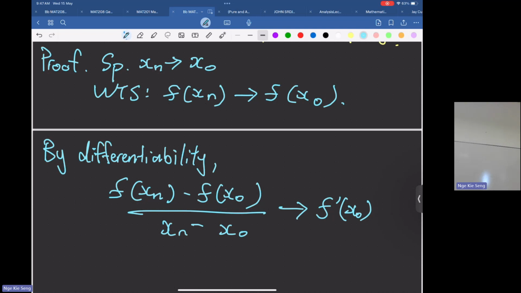We didn't say the quotient converges and then the upper one and lower one have to converge. It's different. Don't use the wrong way. Only one direction. It's not the other way around. So how are we going to use this fact to prove f(x_n) converges to f(x_0)?